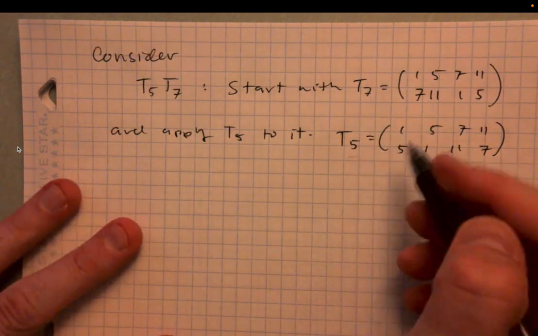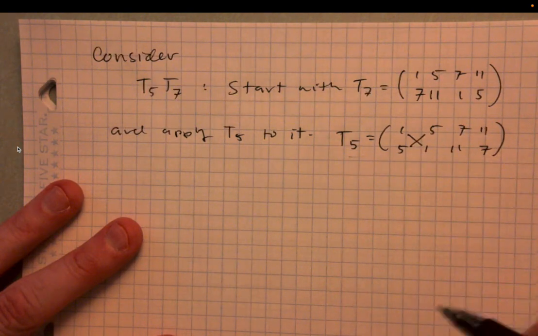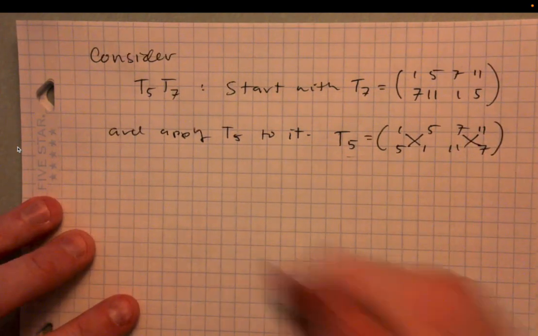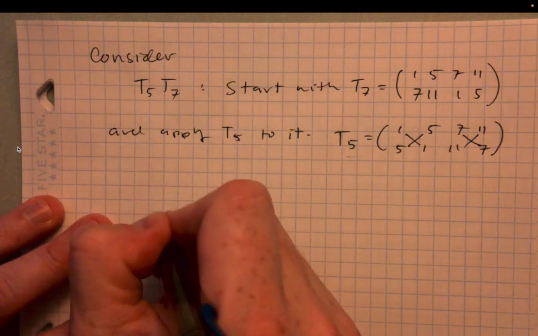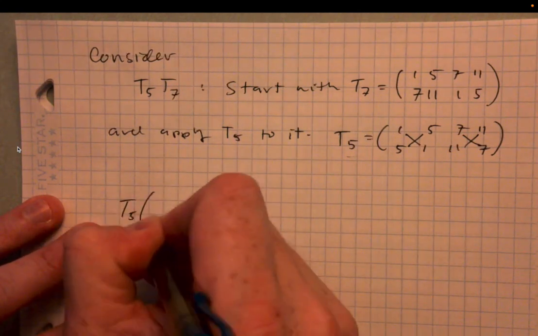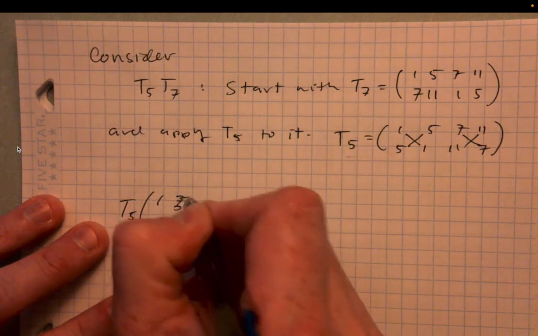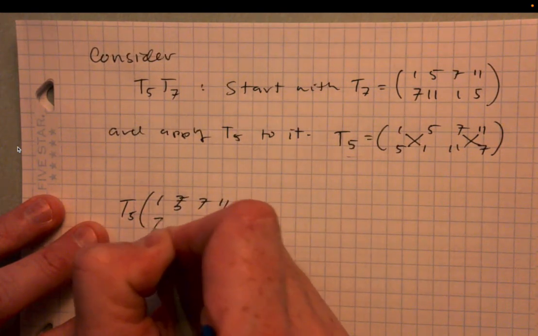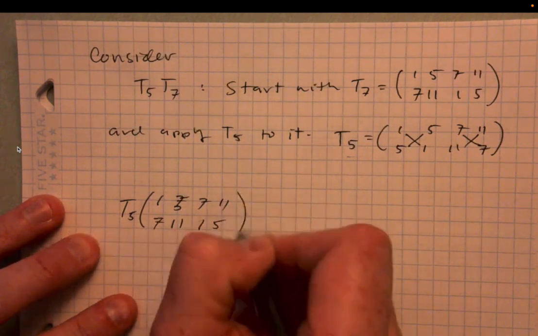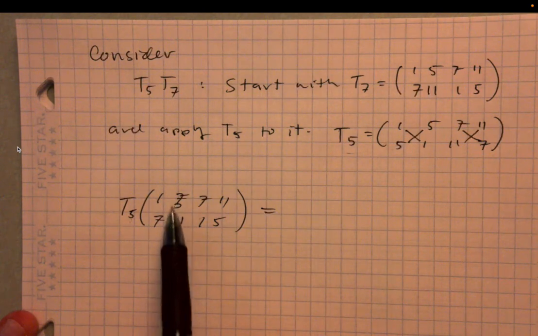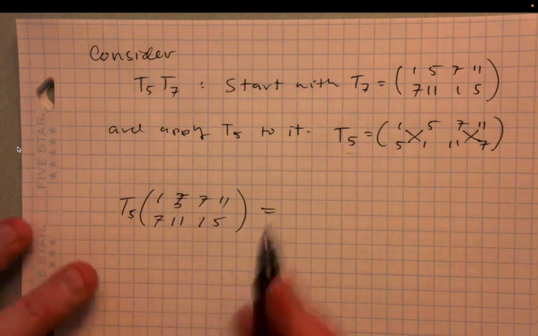So what T5 does is it swaps the first two, and then it swaps the second two, right? So if I have T5 applied to T7, that would be 1, 5, 7, 11, 7, 11, 1, 5, right? T5 takes the first two and swaps them.